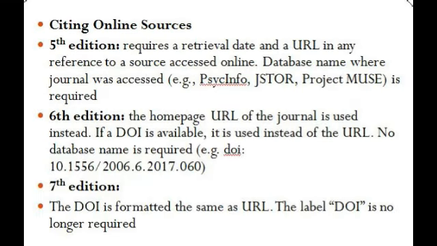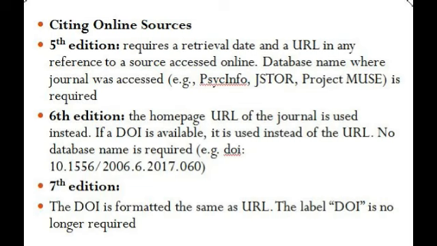Citing online sources. That's another place you have a major change brought about by the 7th edition of the APA style. In the APA style 5th edition, database names are included when citing journals from online sources, where the database name is available.